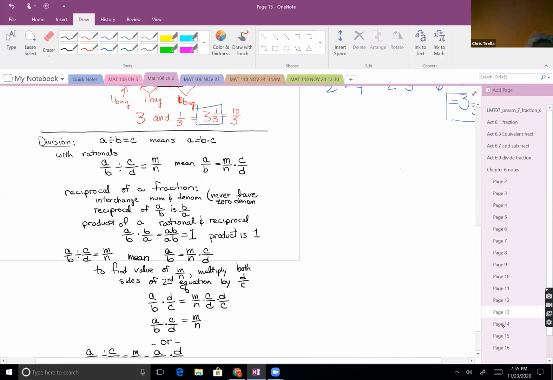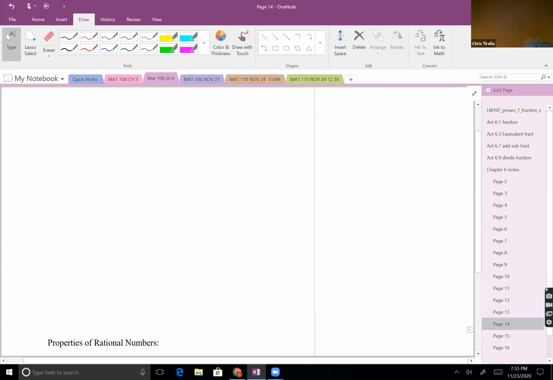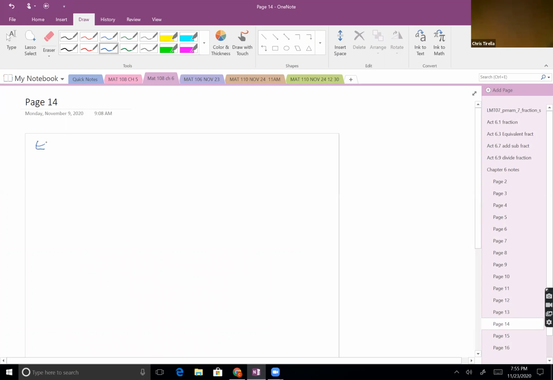And so, looking at some more examples, I'm going to ask you folks to please take 3/4 and divide it by 1/8. I'm going to ask you to take 1/8 and divide it by 3/4.